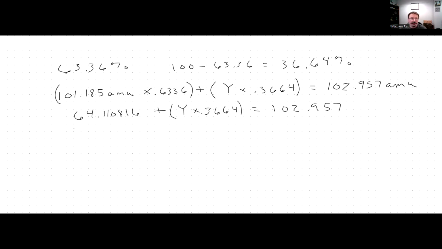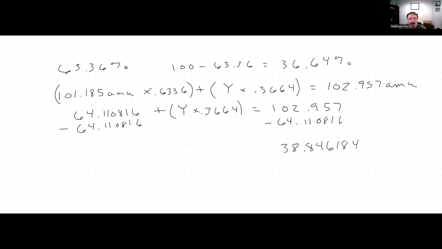First thing I'm going to do then is subtract this from both sides. And if I do that, of course, I'm going to lose it on the left side. And over here I get 38.846184 remaining.